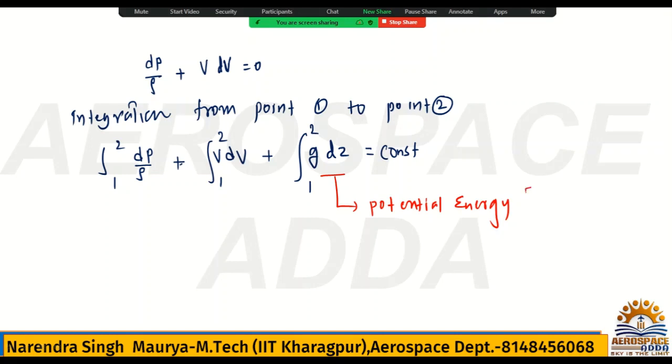When there is elevation, it will come. If there is no elevation, definitely potential energy will not be there. If elevation changes are there, then it will be in the picture, otherwise it will be removed. If there is no elevation, I mean it is on the same surface, then definitely potential energy will be zero.